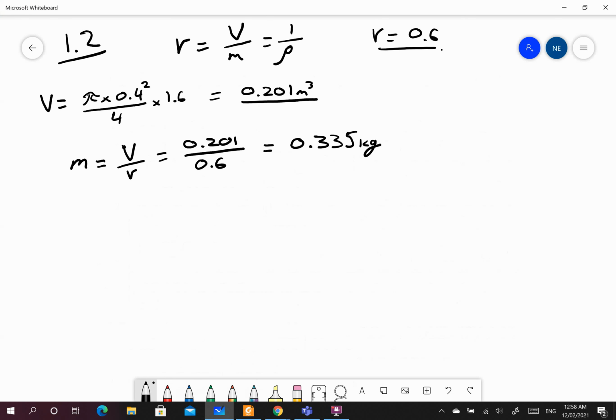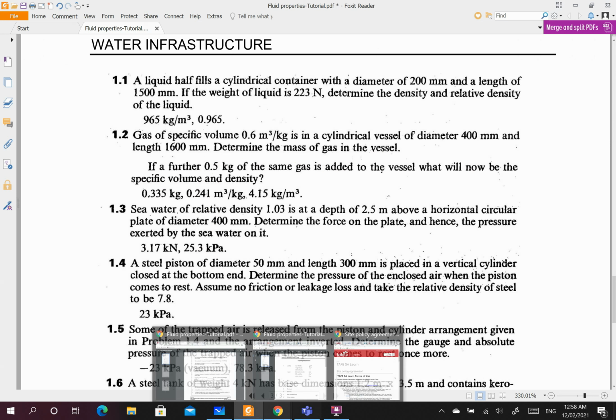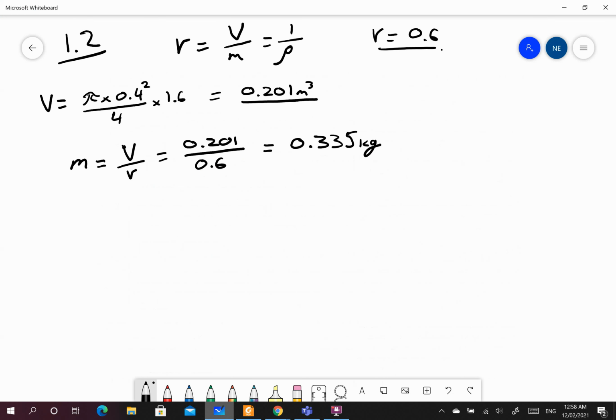Alright, so the next thing that I'm trying to work out, coming back here. So I've done this now. So let's add in some extra weight and let's find the new specific volume and the density. So that's part 1 done.